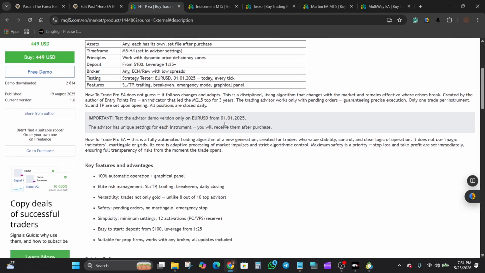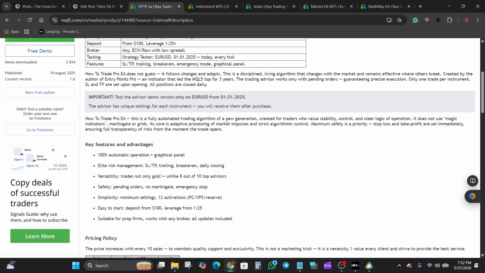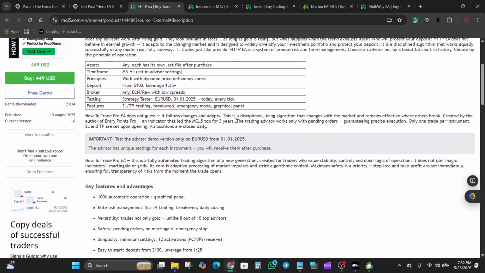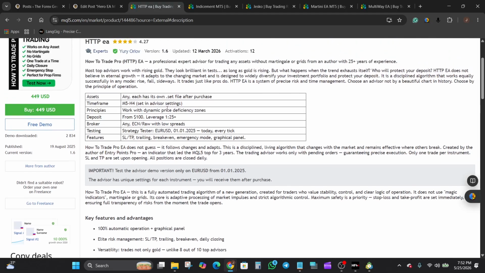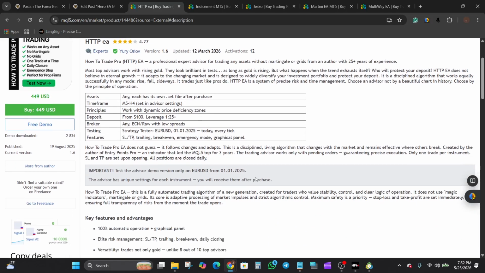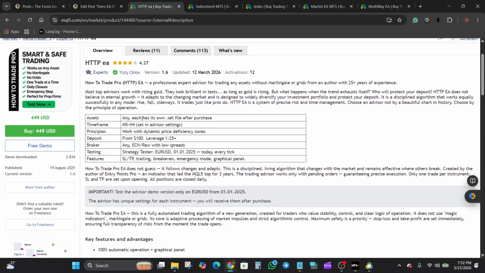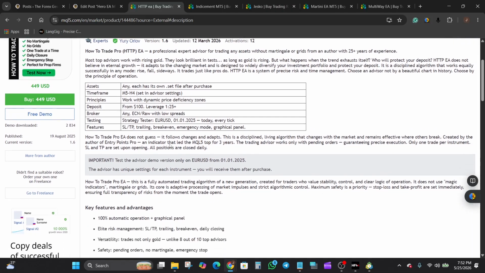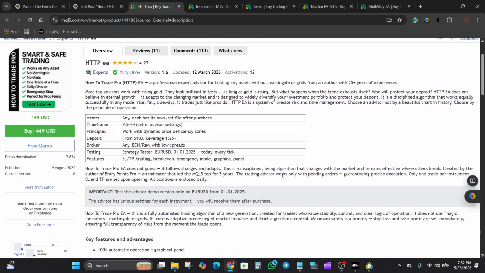Now, I'm just going to switch into the strategy tester and run a historical backtest so we can observe how the HTTP EA behaves under real market conditions. So we are going to be testing the HTTP EA on Euro USD, and we are just going to be using a time frame of our choice.